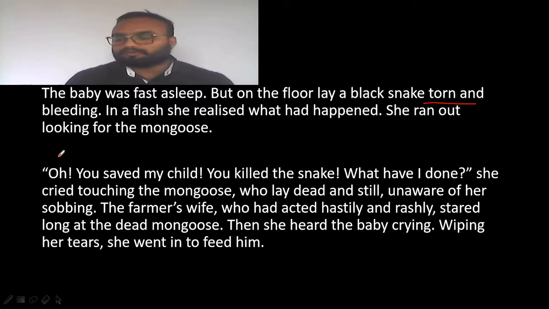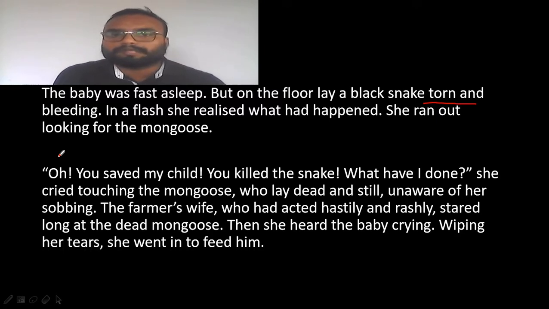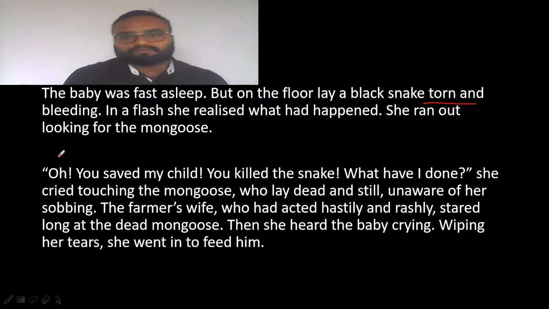So in order to show his loyalty, his faithful behavior toward his master, he was waiting there at the gate so that they would praise him. But instead of getting praise and love from their master, we have seen that this lady, the wife of the farmer, out of anger, without thinking anything, threw the basket full of grocery on his body. Now let's see whether he was saved or not.